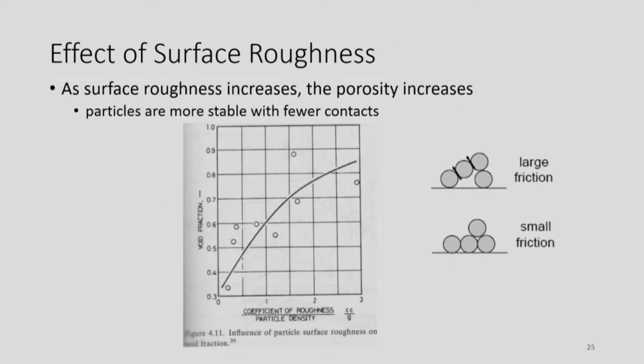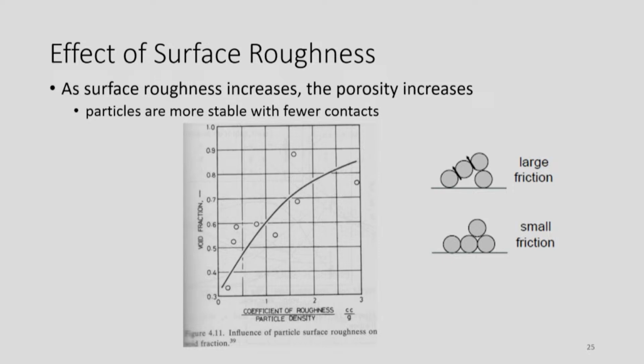Very similar, if the surface roughness increases, the porosity increases, right? If it's very rough, there will be more mechanical interlocking between the particles. So if there is high mechanical interlocking, then the porosity will also go up, as you can see from the picture here.